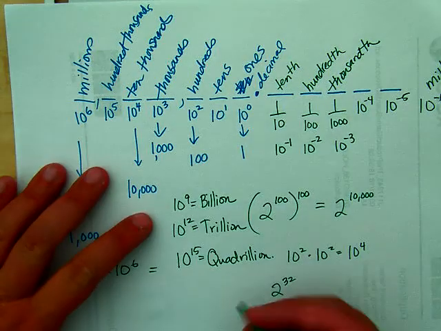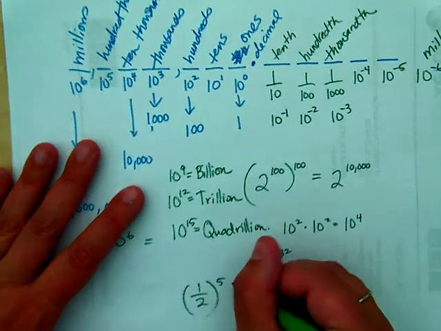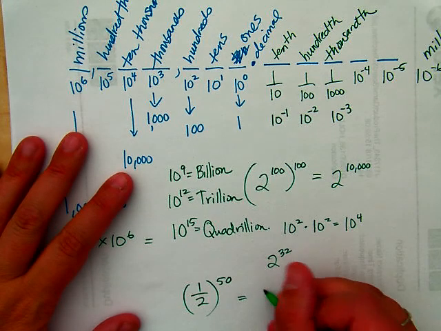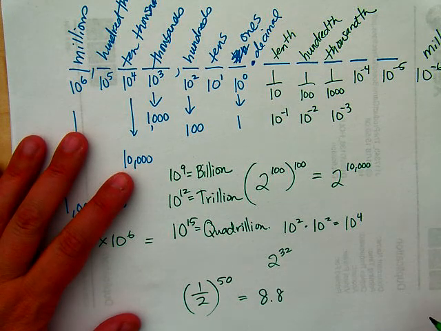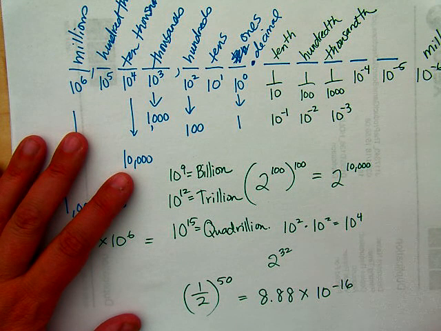Because if I take 1/2 to the 50th power, that's going to be a really, really, really small number. We already saw that 1/2 to the first power would be 1/2, 1/2 to the second power would be 1/4. It's getting smaller and smaller and smaller. That's the same question, the Cookie Monster question. If he ate the cookie, half and half of half of half of half, on the 50th day, he's going to have, let's just round it, 8.88 times 10 to the negative 16th power.